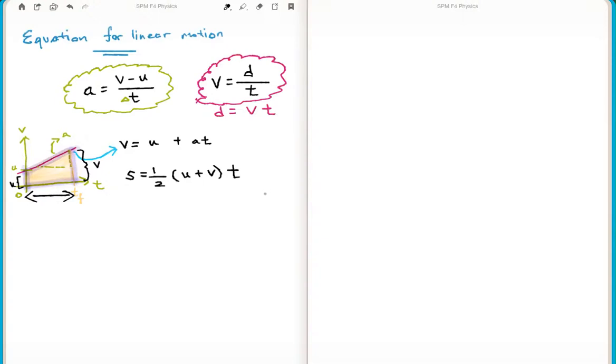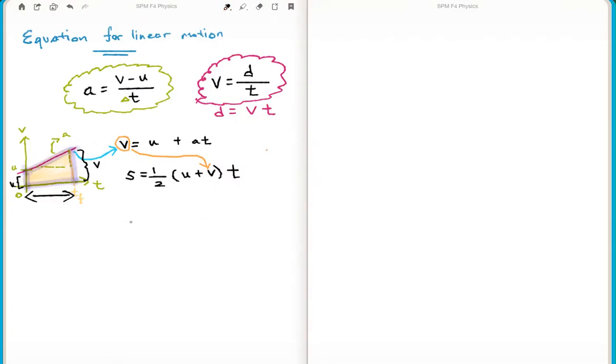The rest is substitution and replacement. Sometimes the question never gives you the final velocity or acceleration, but you need to find one or the other. What about substituting v into this equation, because you don't know the final velocity? You get another equation.